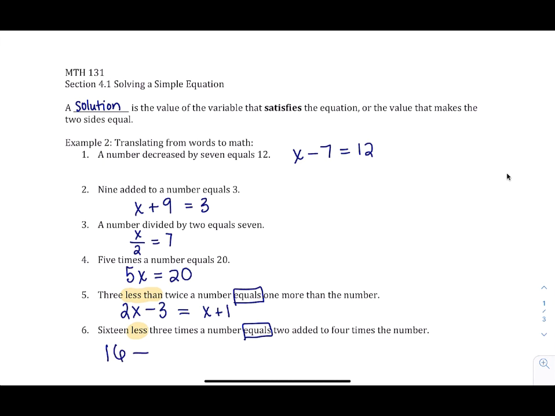When it's just less, you start with the number 16 in this case, and whatever you are lessing, then you subtract that number. 3 times a number would be 3x. Now we equal, and it's 2 added to 4 times the number. So 2 gets added to 4 times the number.